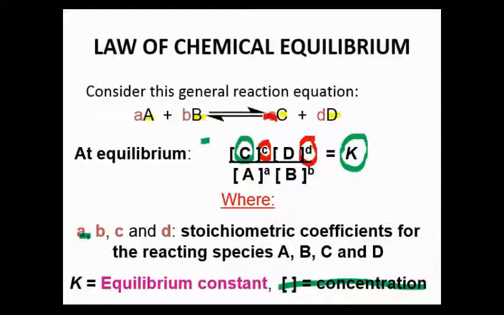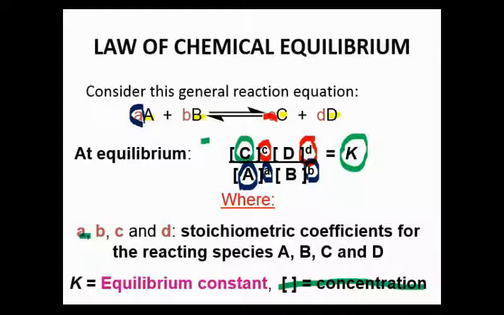If we look at the equation, our reactants are A and B. So we have the concentration of capital A raised to the power of its stoichiometric coefficient, the small a, times reactant B: the concentration of reactant B raised to the power of its stoichiometric coefficient, the small letter b here.